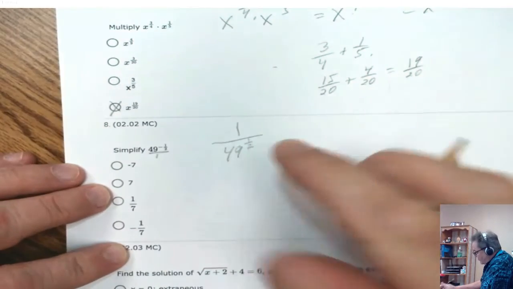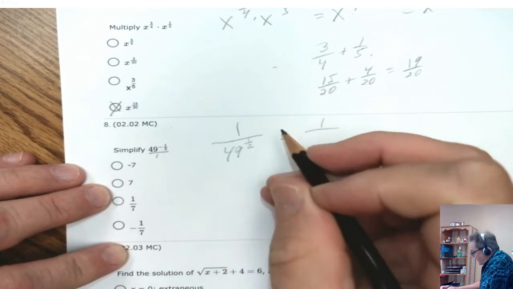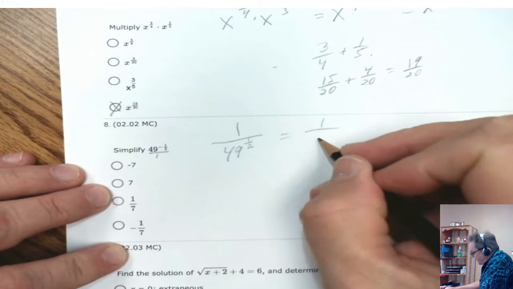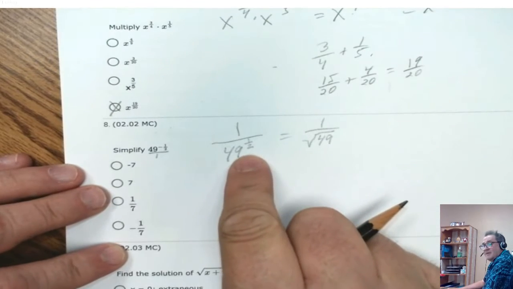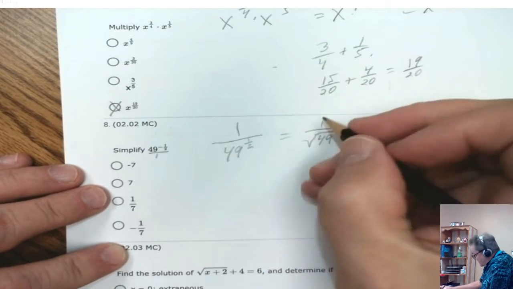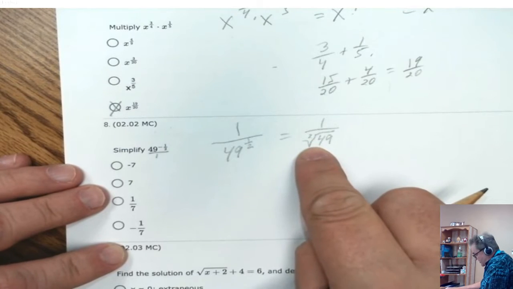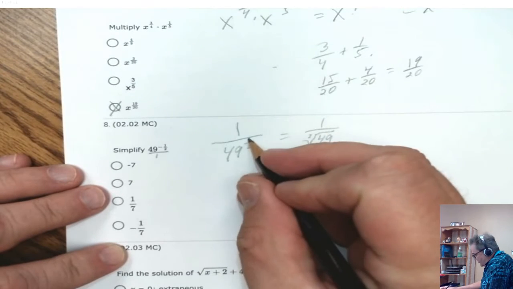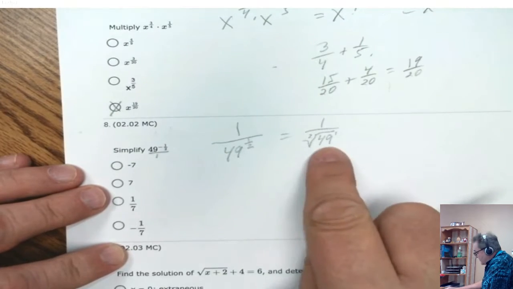Now, what is 49 to the 1/2? Okay, if we change that to radical form, 1/2 means square root, right? The 1/2 power is a square root, because it's the 2 out here, which is what it always is. If we don't put a number out there, it's assumed to be a 2. Square root of 49 to the first power. So just square root of 49.